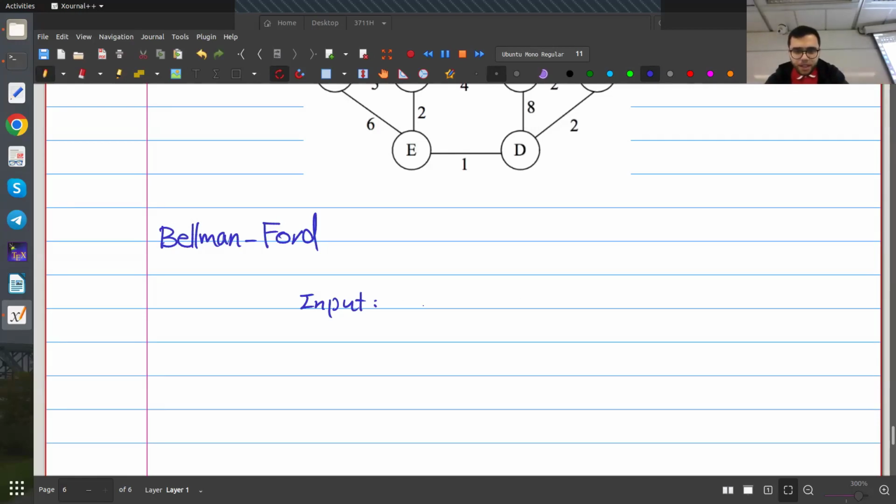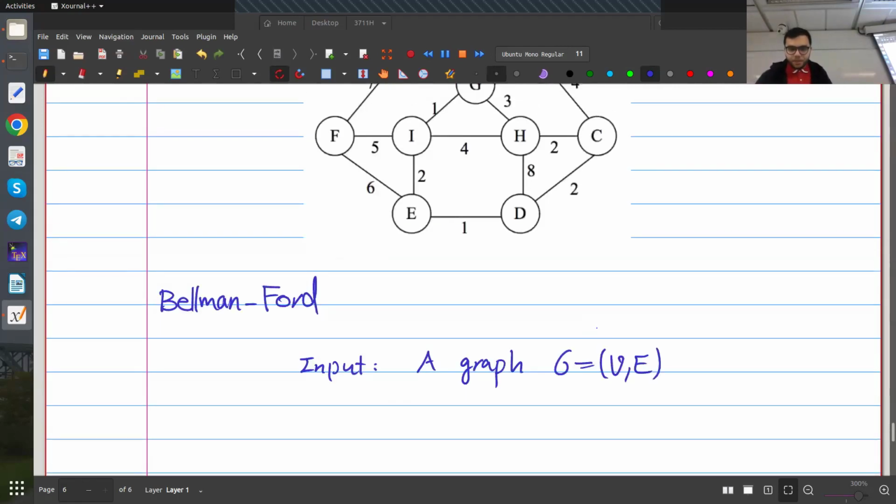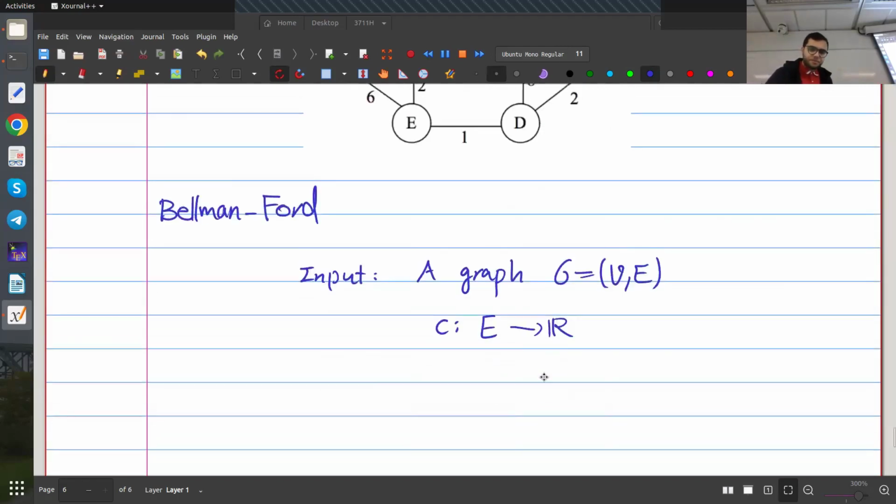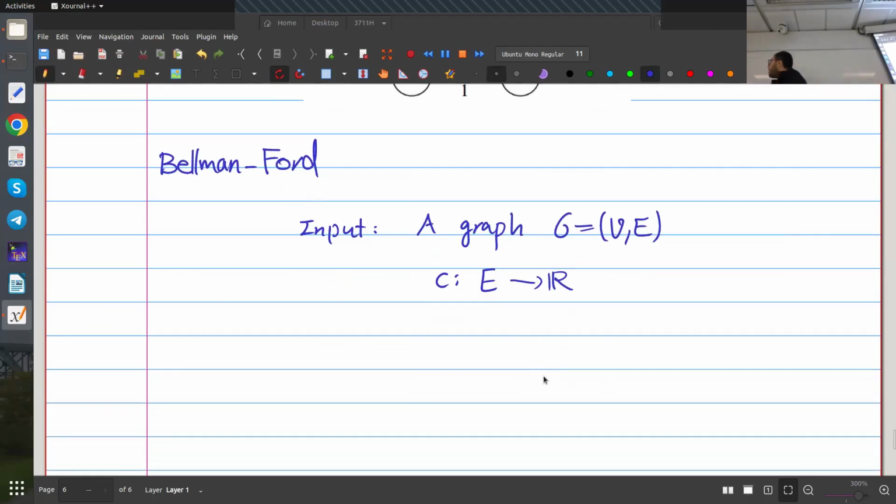So I have, let's say, a graph G(V, E). And as before, I also have weights. So I have costs on every edge, and my costs can be negative. I'm not going to add the restrictions that I had before.